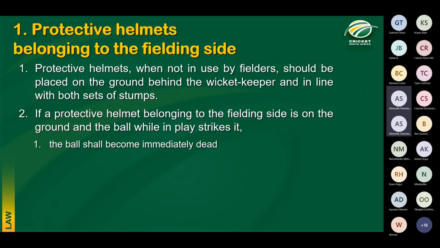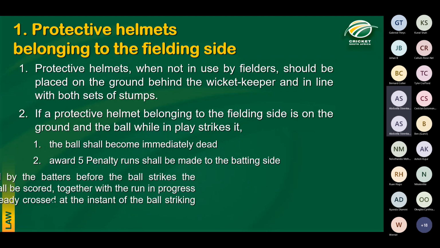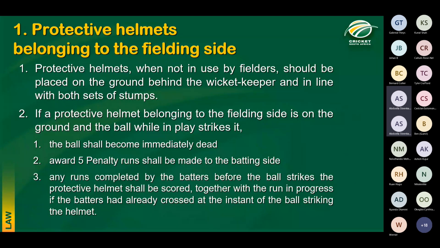As soon as the ball hits or touches the helmet, it immediately becomes dead. 5 penalty runs shall be awarded to the batting side, along with any runs completed by the batters before the ball was struck, together with the run in progress, if the batters have crossed as soon as the ball made contact with the helmet.